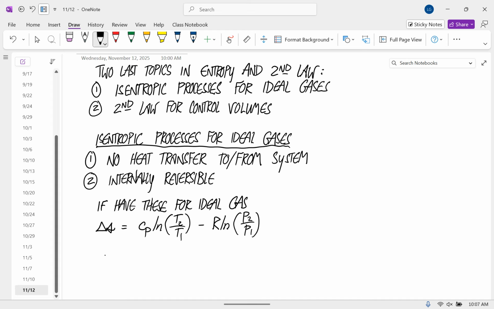And we also have this one that says the change in specific entropy is equal to Cv times the natural log of T2 over T1 plus R times the natural log of specific volume 2 over specific volume 1. And if it's an isentropic process, there's no change in entropy, then these both go to 0.